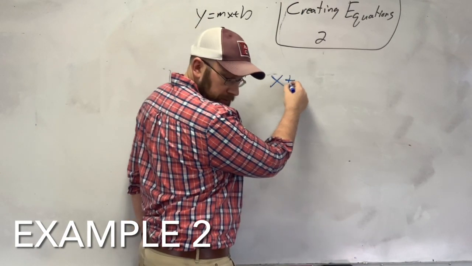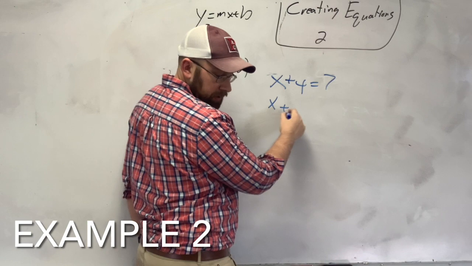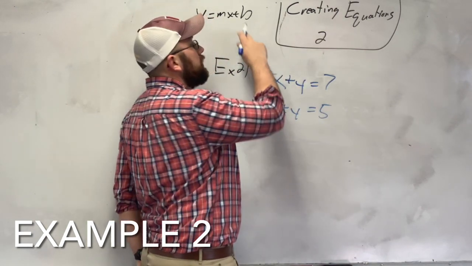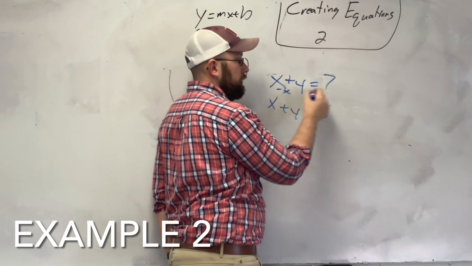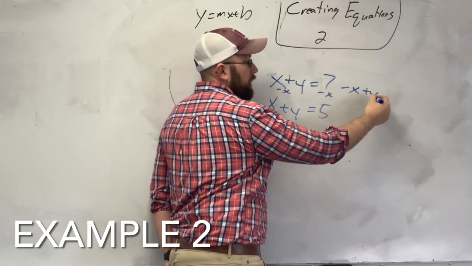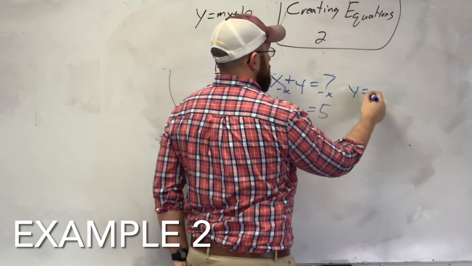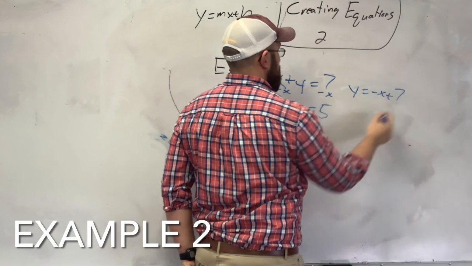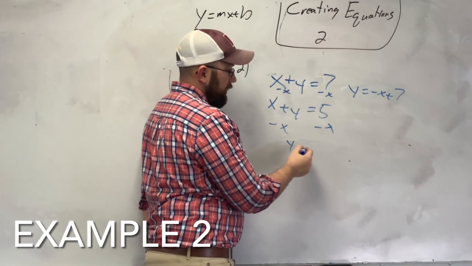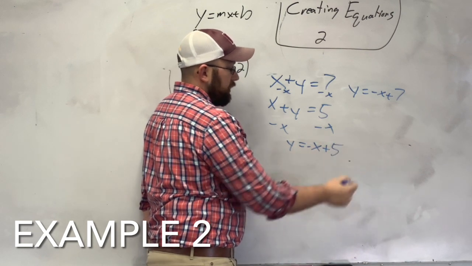Example 2. So x plus y equals 7, and x plus y equals 5. Again, I have to solve to make them look like slope-intercept form. So y equals negative x plus 7, and y equals negative x plus 5.